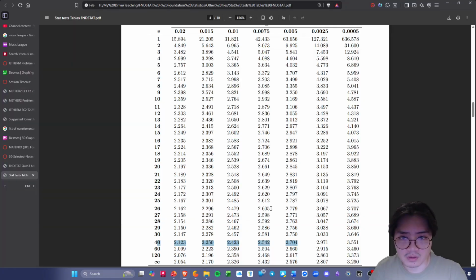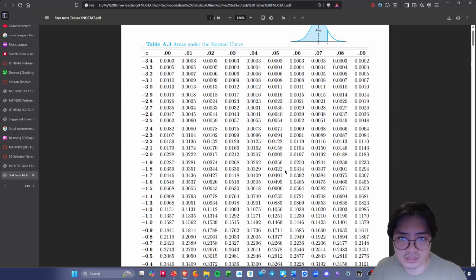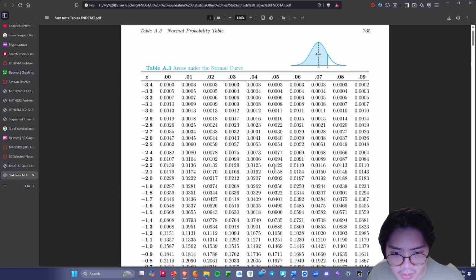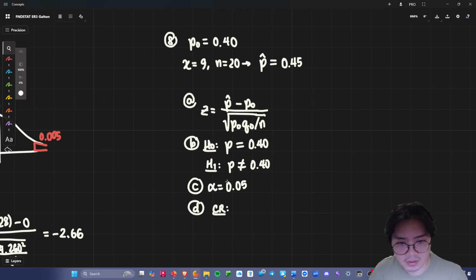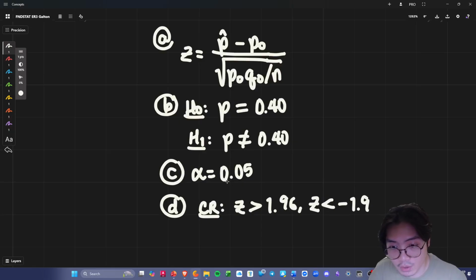That means we're going to have to look at values of 0.025, exactly. This one, negative 1.96. It could be bigger than 1.96. Could also be smaller than negative 1.96.